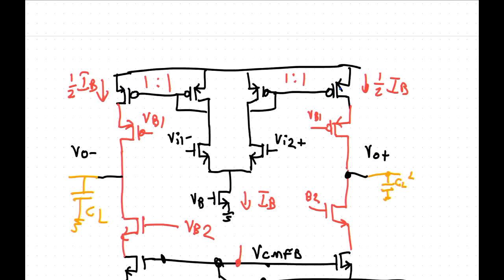The gain from here to the output is GM for that one. The gain from here to the output is GM for this one. Or maybe the gain ratio between here.